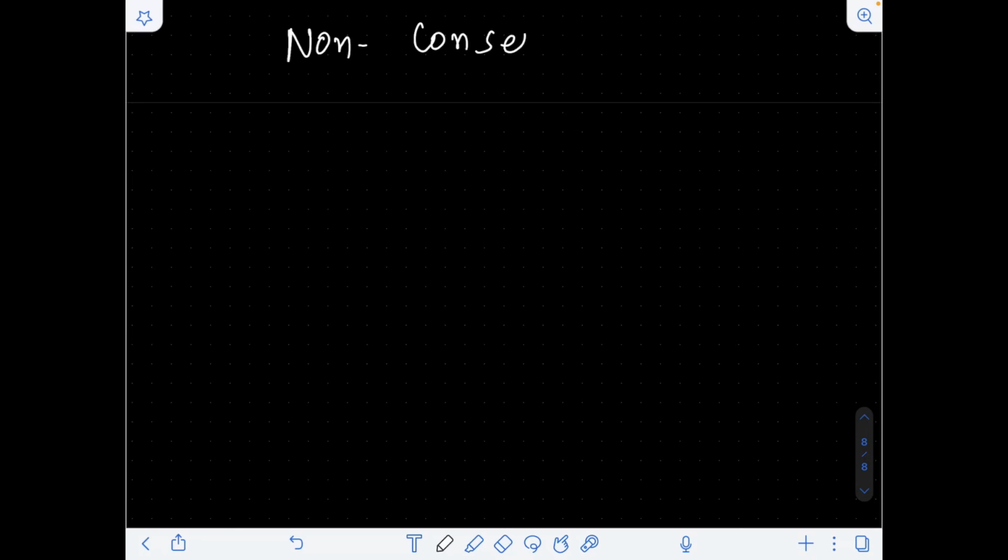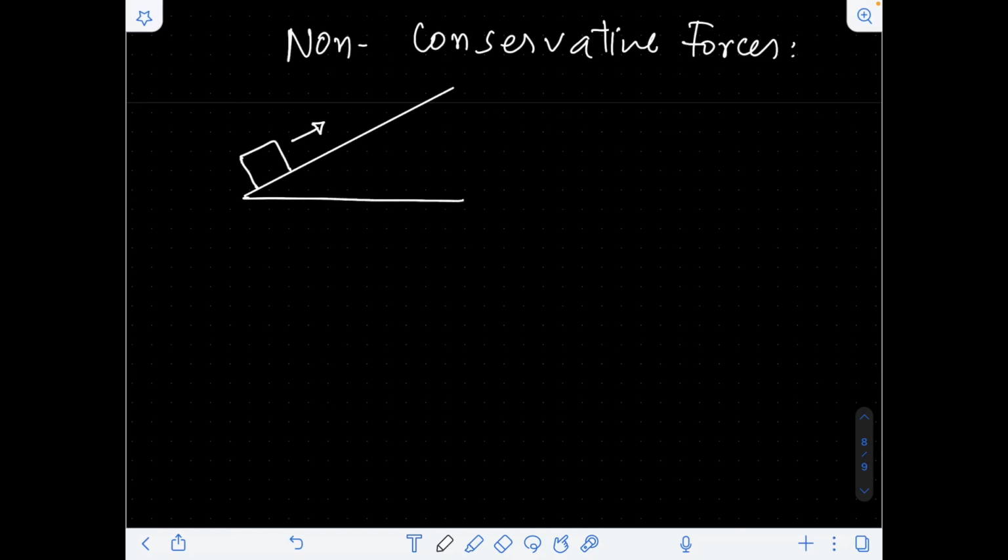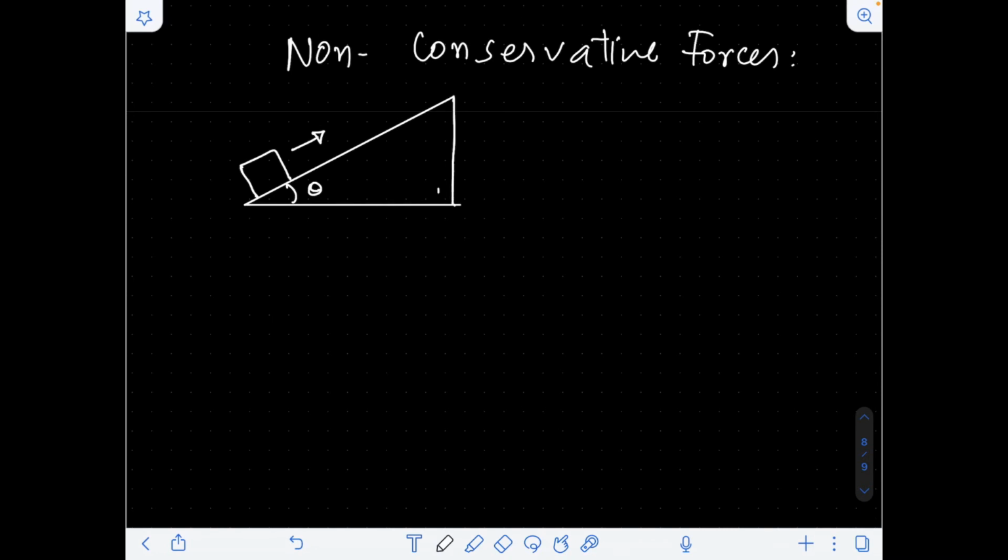Non-conservative forces. So here, let's say this is some wedge and an object is moving upward, at some angle theta, and this is right-angled.